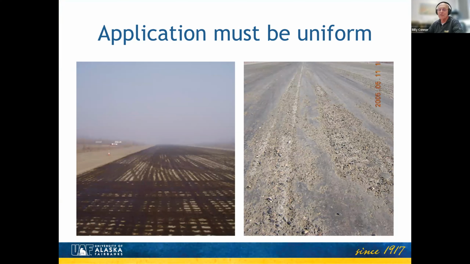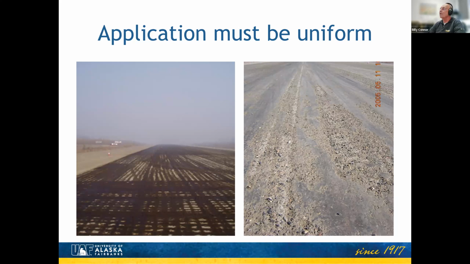One of the things I caution you on is when you're putting these kinds of materials down, it has to be really uniform. And this is an example of an application that was put down by a company the first time they put it down, and the equipment they had was inappropriate, and you can see the streaking, and the photo on the right side is what that looked like the next summer.